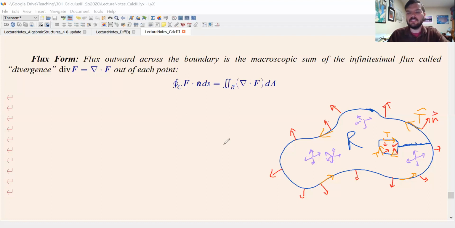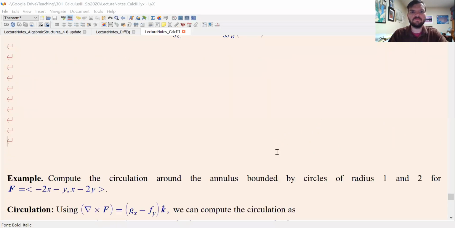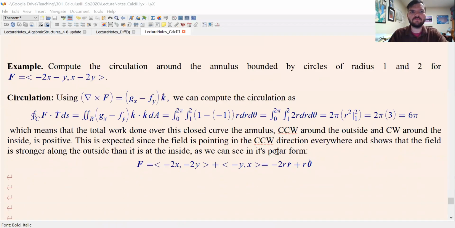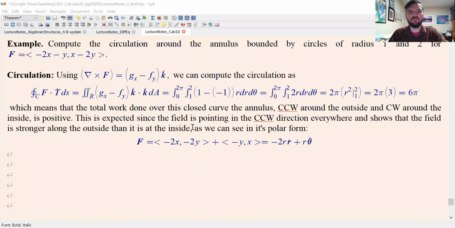Okay, so that is the idea behind Green's theorem. We'll wait to do the proof a little bit later. It's a little bit involved, but I wanted to give you some examples to see how this idea is utilized. Here's some examples. So here's one example.